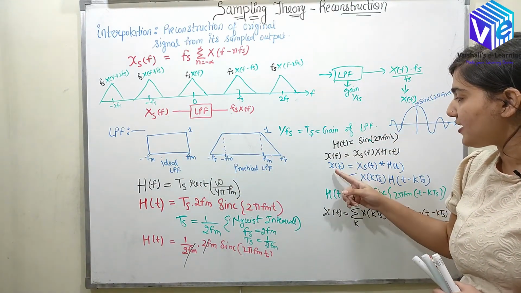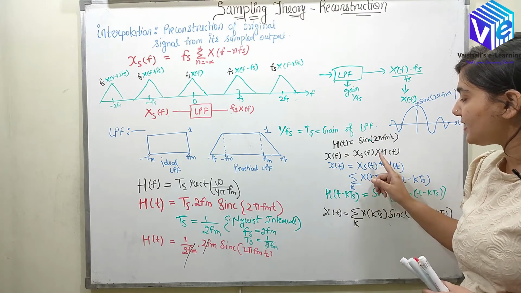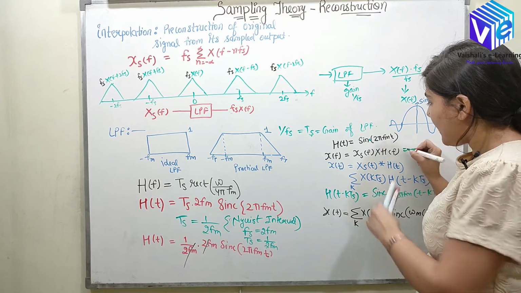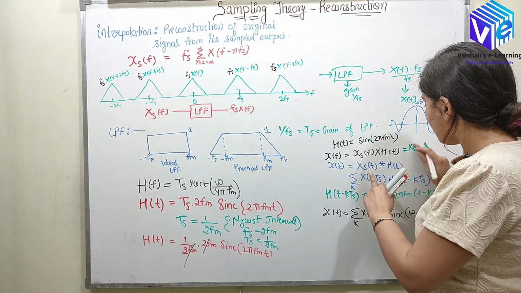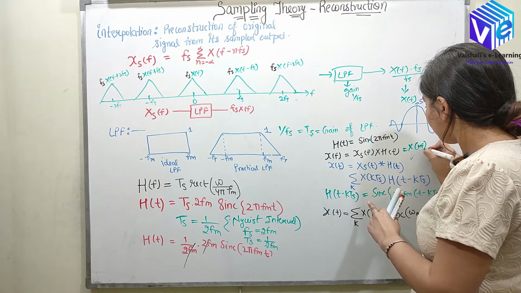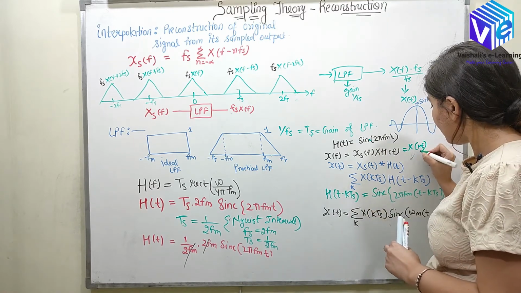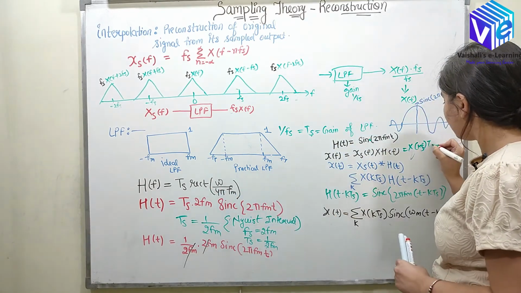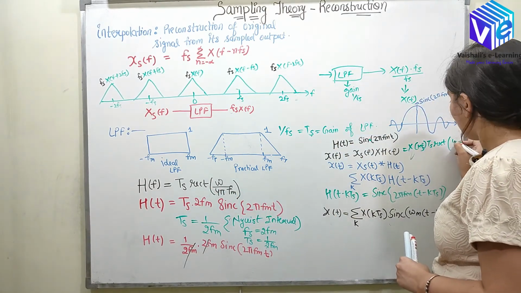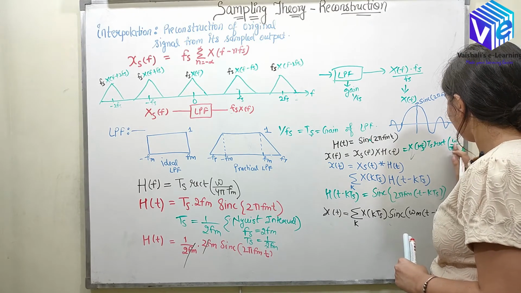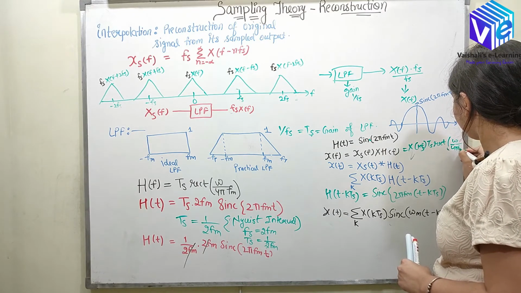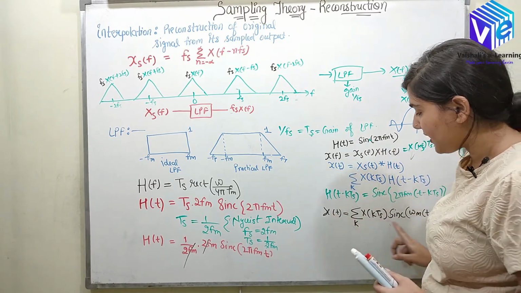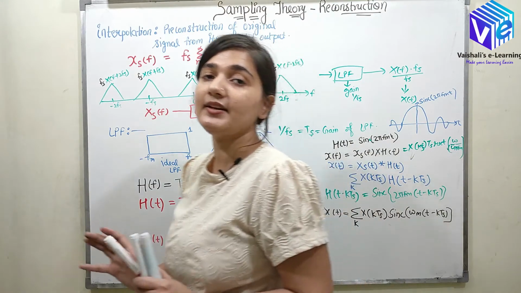In the frequency domain representation, instead of X_s(f), I'll put the summation of X(f minus kfs), and instead of H(f), I'll put Ts rect(omega upon 4 pi fm). This is how I can reconstruct my signal in the frequency domain, and this is how I can reconstruct my signal in the time domain.